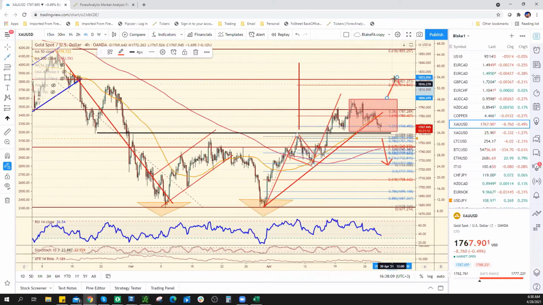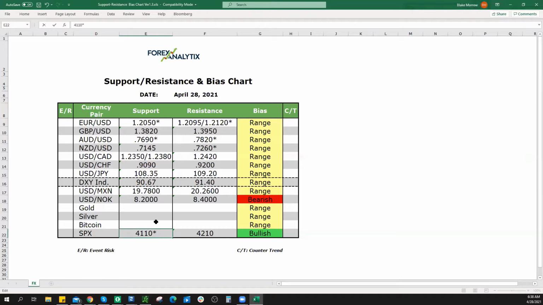If gold takes out the highs, then the euro takes out the 121.20 level. If gold breaks below 1750, then the euro is going to sell off and break through support below, around 120.50. That's all there is to it. Gold should be used as a confirmation tool for how you trade the dollar today, in my opinion.